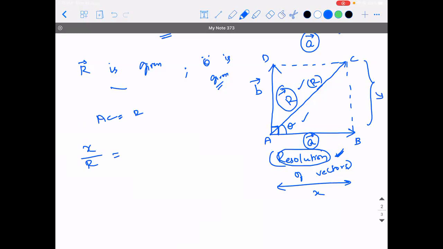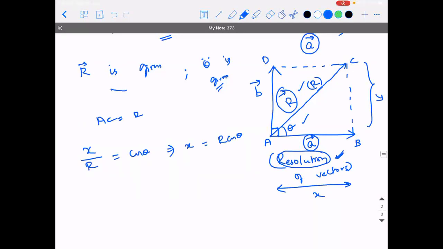Cos theta. X divided by R is cos theta. So can I write X is equal to R cos theta? Why do we need to use X? I'll call it A itself because the magnitude of that side is A. A by R is cos theta, then A is equal to R cos theta.